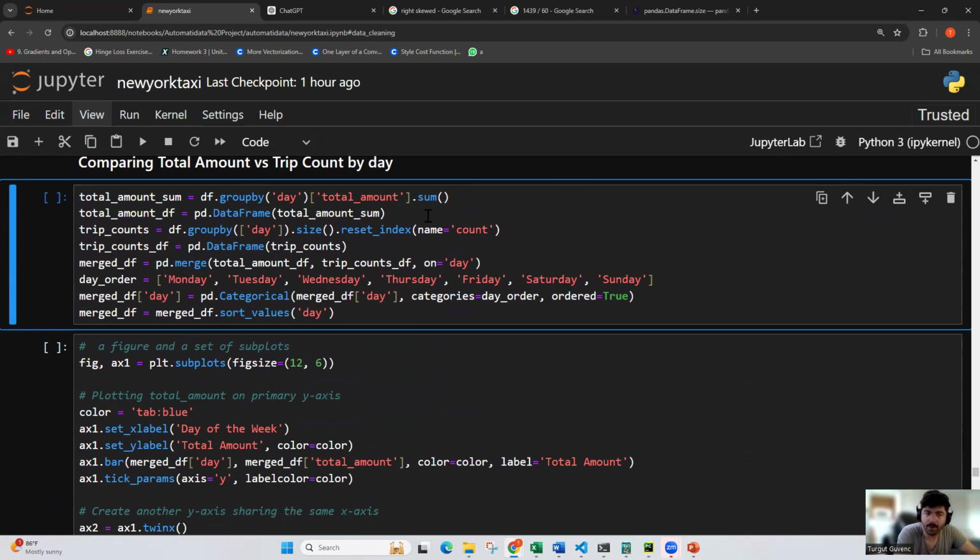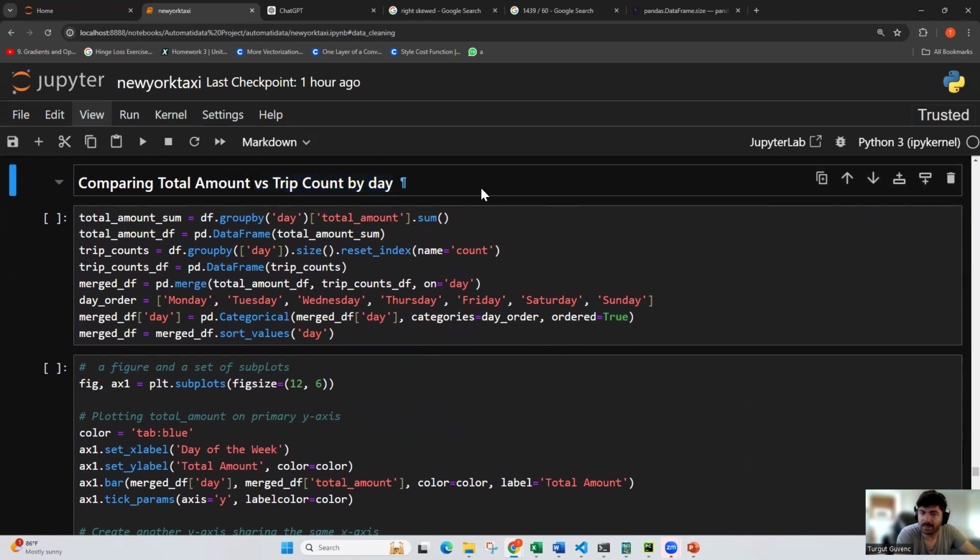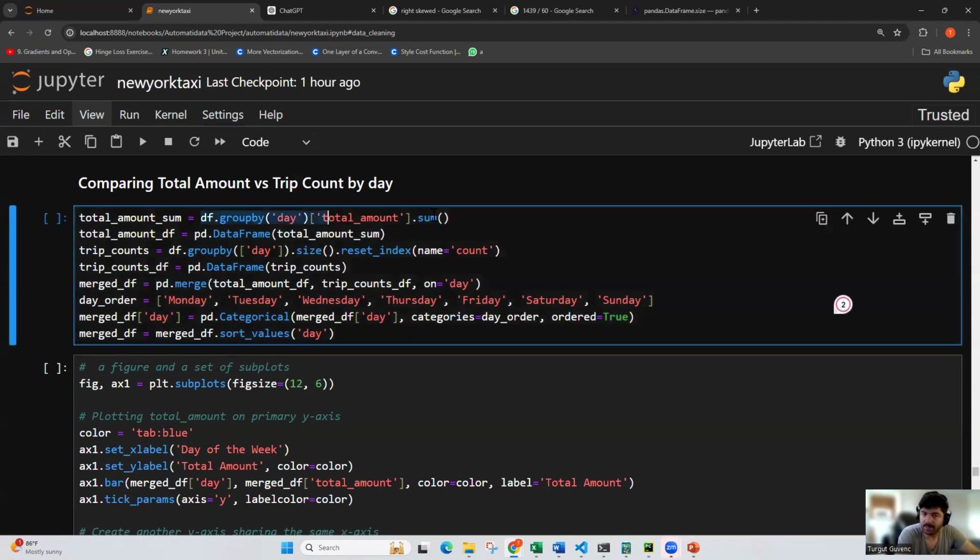Now I'm going to compare total amount and trip count by day, which means how many trips we made and how much money we made, right? How can I do it? Group by day, total amount, sum, what we did, and then make it a data frame again.